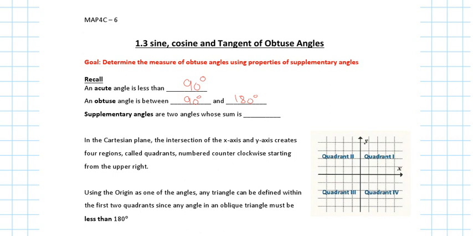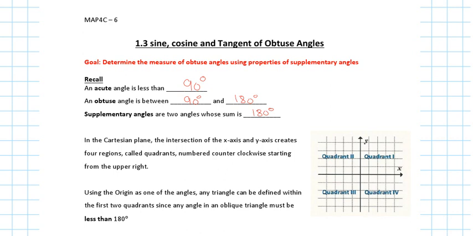Okay. Now, we talked about this. In the Cartesian plane, the intersection of the x-axis and the y-axis creates 4 regions called quadrants. They're numbered counterclockwise starting from the upper right. So this is quadrant 1, quadrant 2, quadrant 3, quadrant 4.